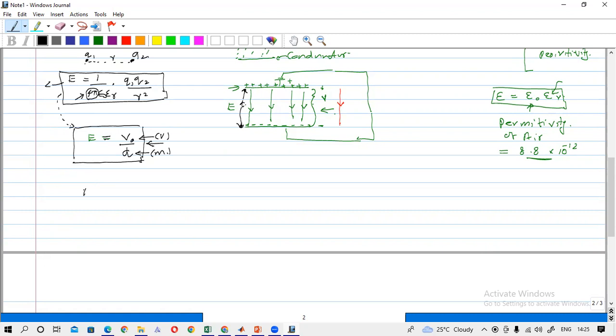Also E can be expressed in terms of charges. Normally charge is measured in coulombs, C.